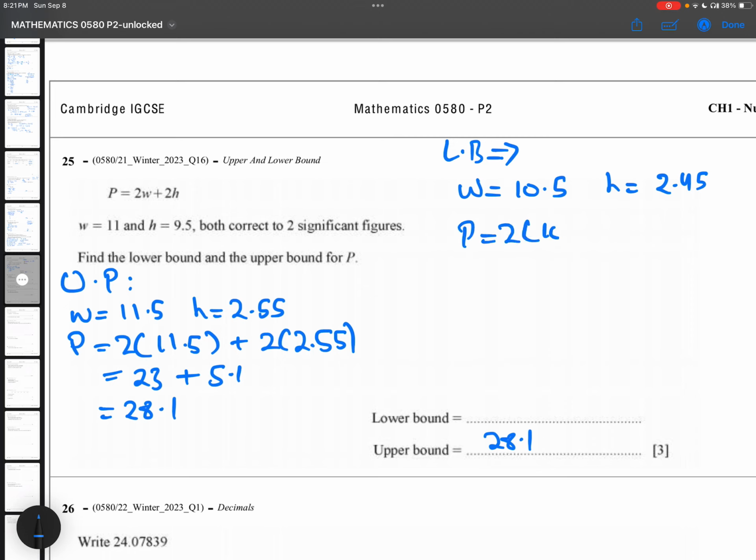P is 2 into 10.5 plus 2 into 9.45. So 10.5 into 2 is 21 and 9.45 into 2 is 18.9. If I add these two quantities, I get 39.9. So this is my lower bound for P.